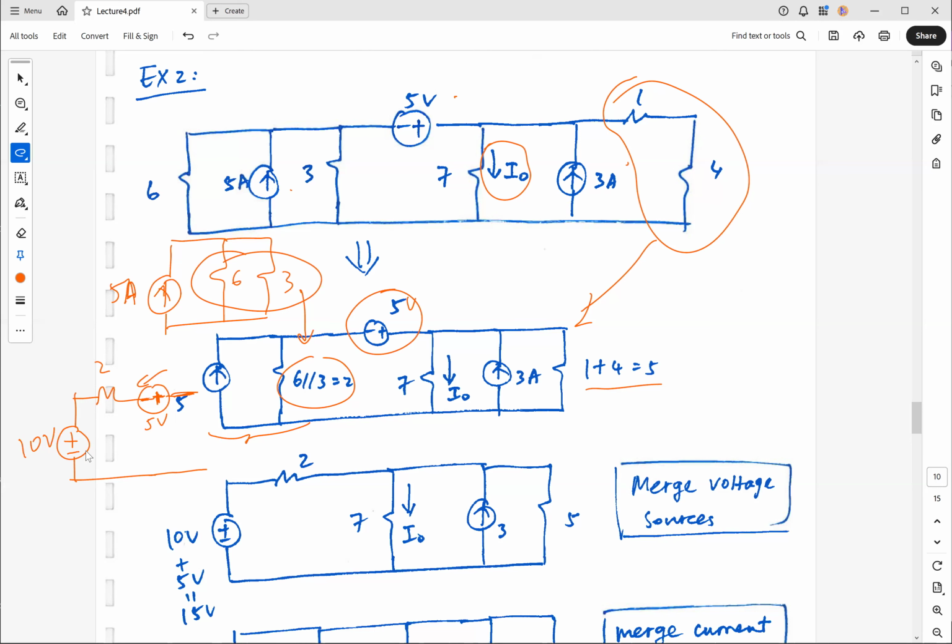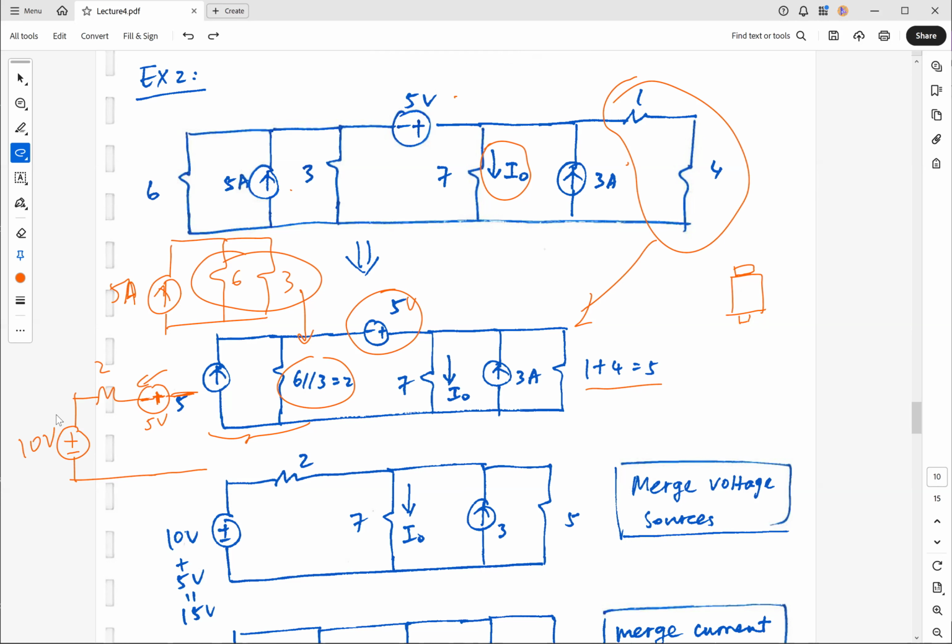Now I do see this opportunity where I can combine these two voltage sources together because they're in series. It's like batteries. You have your batteries, they're connected in series. Let me just redraw it. Hopefully this looks like a battery.